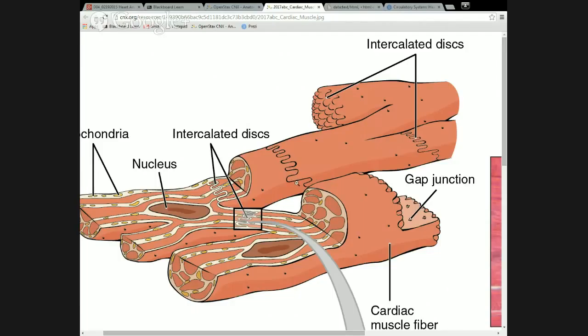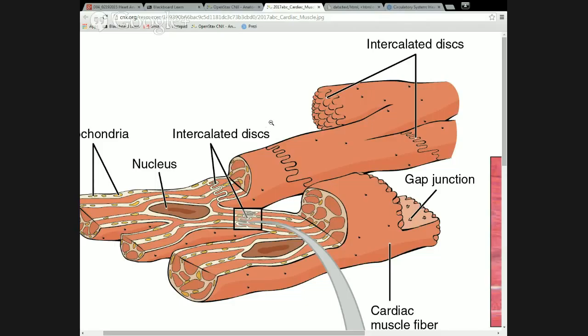Now, in the micrograph, what you're seeing is a heavy pattern of staining right at that line. You don't see the zigzag line in the micrograph, but that represents the cell membrane there. The cell membrane in one cardiac muscle cell kind of looks like an egg crate pattern, and then the cell membrane that fits into it is going to be the opposing pattern, so they kind of interlock.